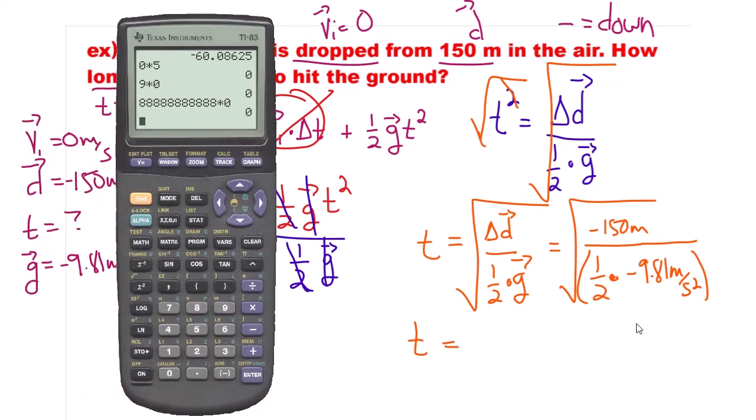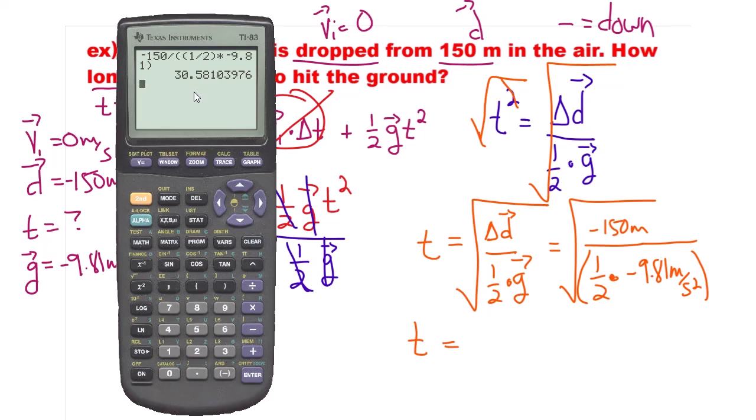Let's just do the stuff inside the bracket first. So I need negative 150 divided by 1/2 inside its own little bracket times negative 9.81. Close my brackets. Then I can hit enter. Oops. Did I put an extra bracket in? I think I did. Close my bracket. There we go. So 30.58.